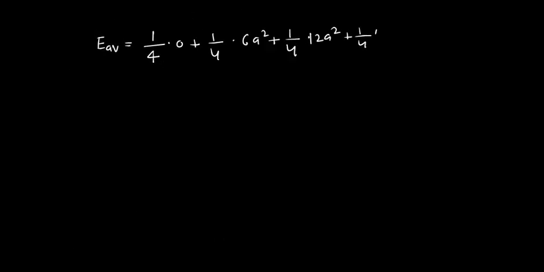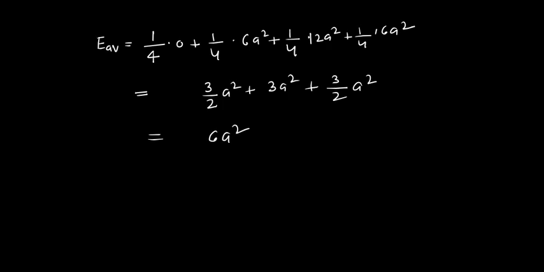By solving it, you can say 6a square, right? Yes or no? 3 by 2 is 3, 3 plus 3 is 6, so 6a square.